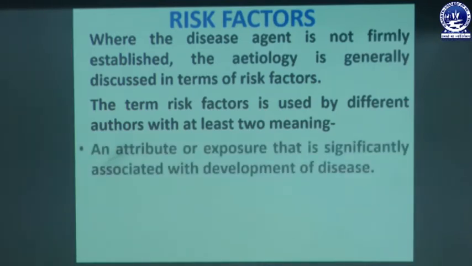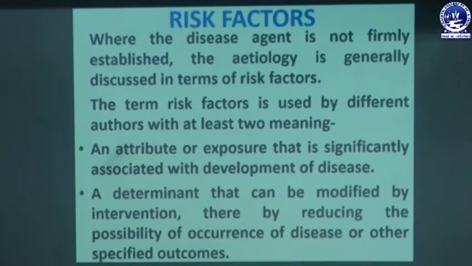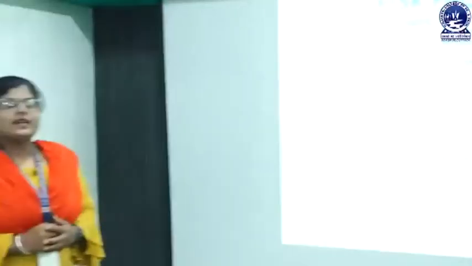These are: an attribute or exposure that is significantly associated with development of disease, and another one is a determinant that can be modified by intervention, thereby reducing the possibility of occurrence of disease or other specified outcomes. Here the risk factor means the causation of the disease, which are the reasons behind the disease, and what are the factors which are related with the occurring of any disease.